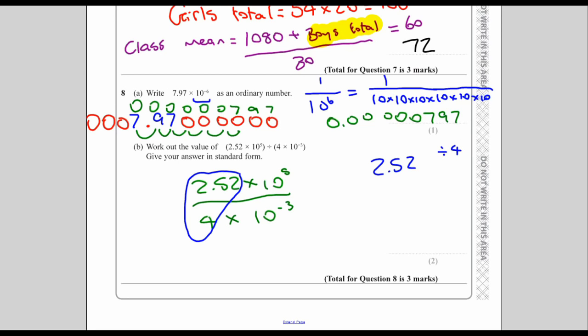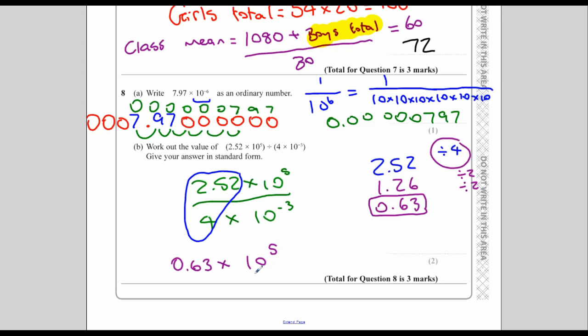To divide by 4, there's a trick where you can divide by 2 and then divide by 2 again. So let's half it and half it again. 1.26 is half. Half it again, it's going to be 0.63. So this is 0.63, and then the tens we've not dealt with yet.